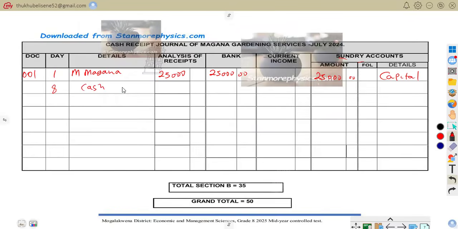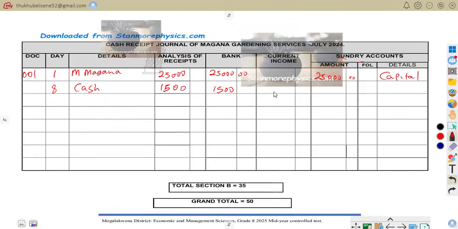The business received how much? 1,500. So under our analysis of receipts, we're going to have cash 1,500, which is going to go into our bank, 1,500.